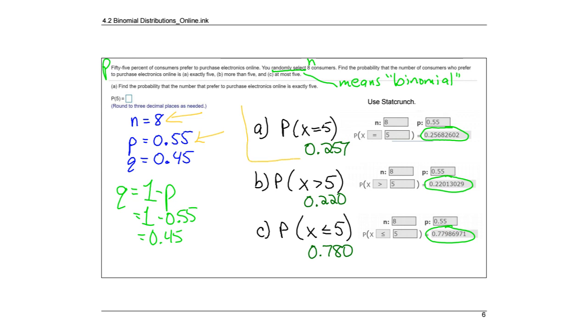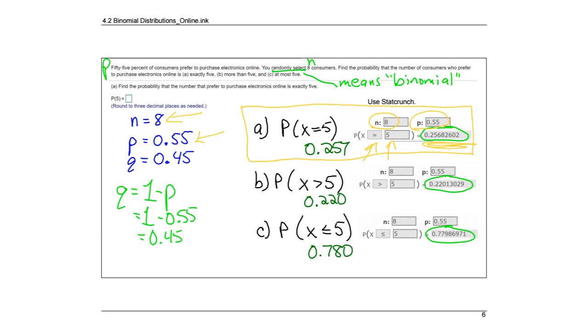So that would be this first one. We're going to use StatCrunch. We're going to use calculator binomial. We're going to put in N equals 8, P is 0.55, and we want the probability that X is equal to 5 because it says exactly 5. Hit compute, and out pops the probability.